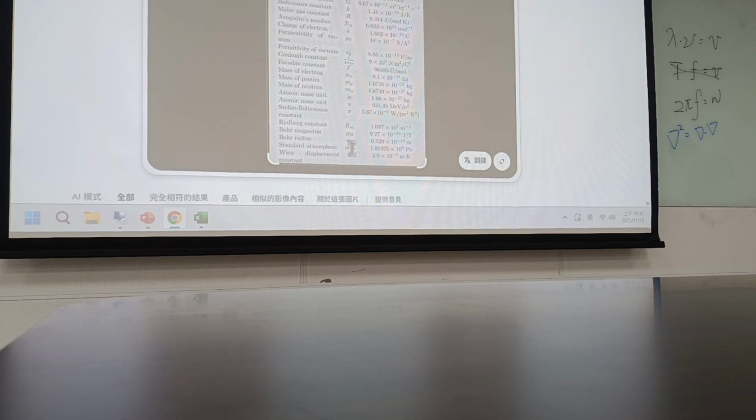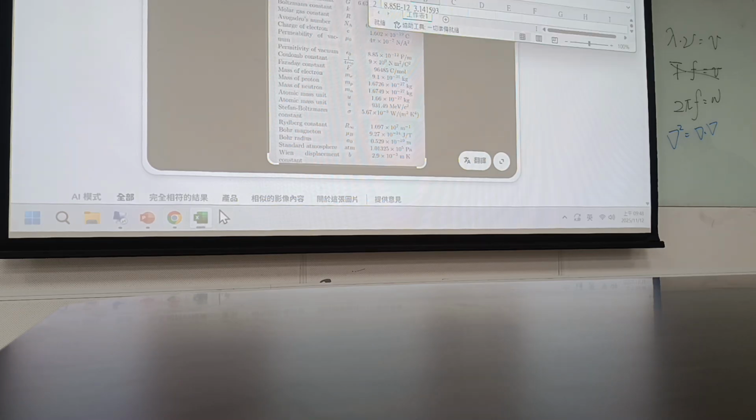Here, the Planck constant is 6.63 times 10 to the minus 34. What else?